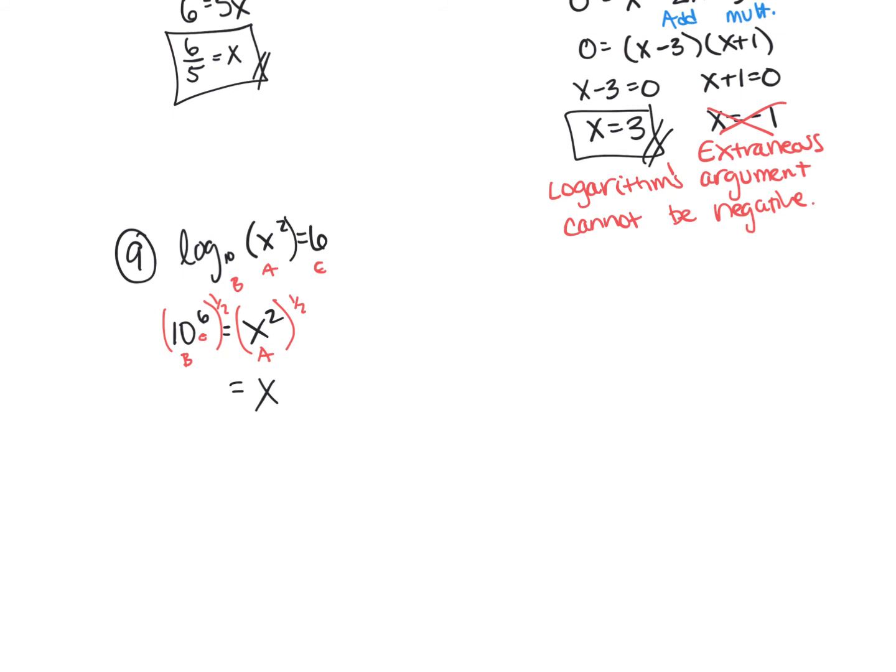But if I do this on my left side, 6 times 1/2, or the square root, that's going to give us 10 to the power of 3. So that's going to make our lives a little bit easier because this will go a little bit faster. Now you can find 10 to the power of 3 and say that 1,000 is equal to x. So don't forget, exponent rules are still important.